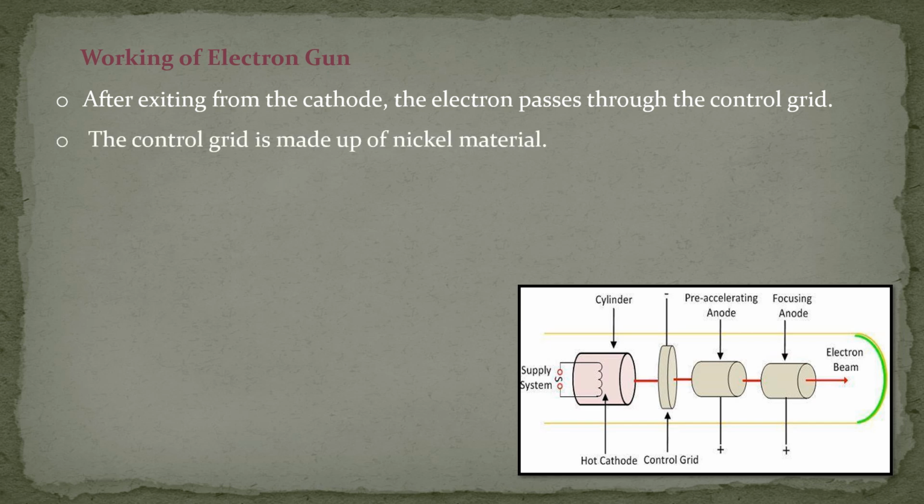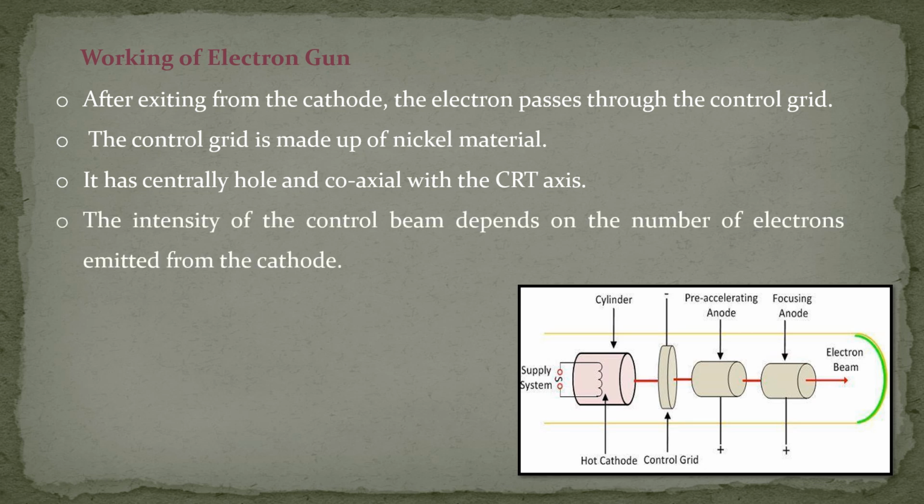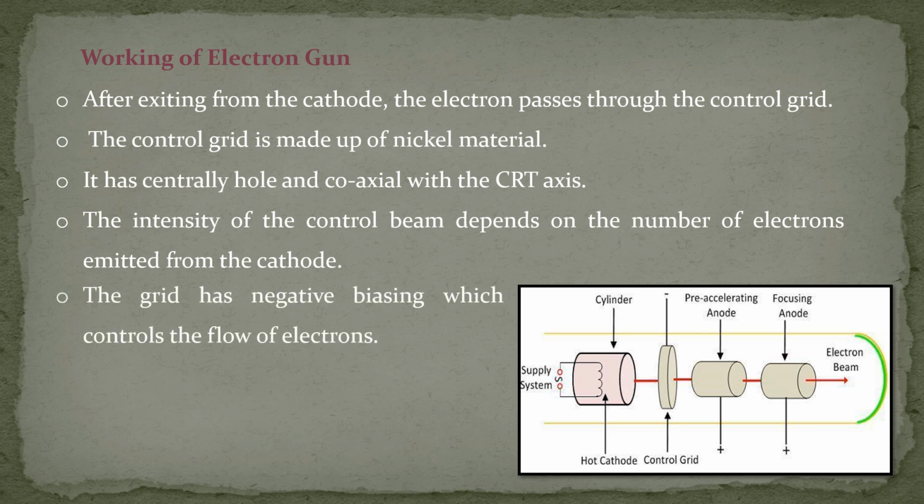The control grid is made of nickel material. It has a central hole and is coaxial with the CRT axis. The intensity of the electron beam depends on the number of electrons emitted from the cathode. The grid has negative biasing, which controls the flow of electrons.